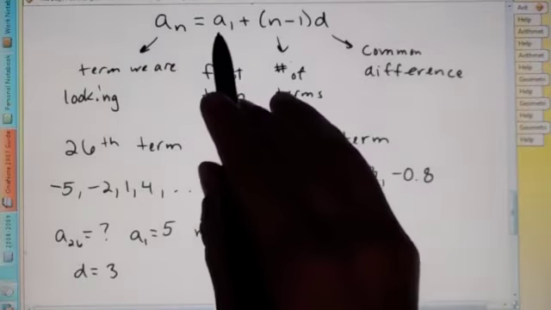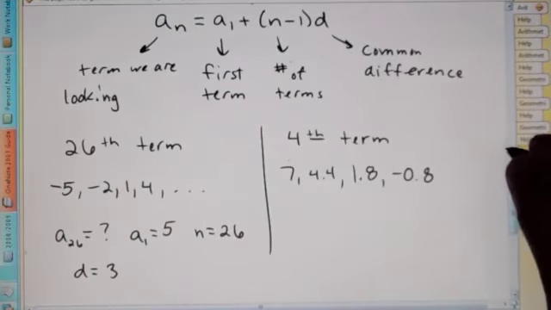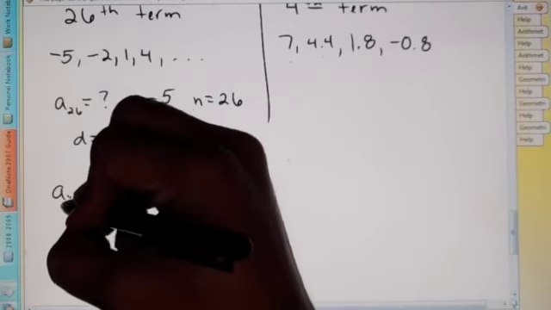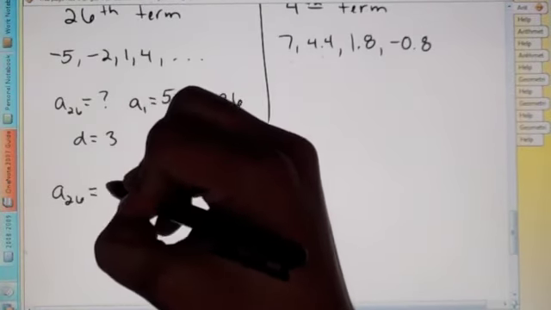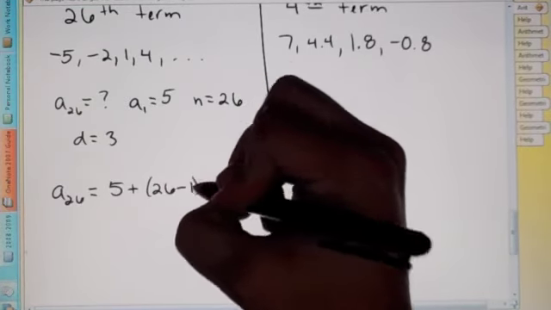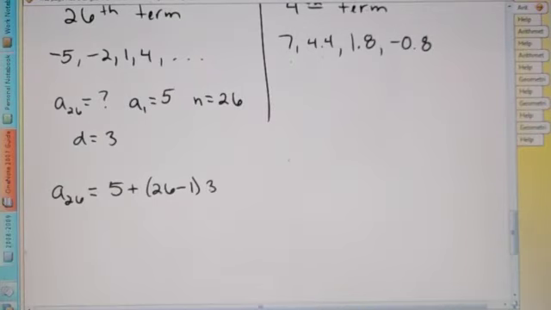So we can apply our formula here and just plug right into it. The 26th term, which we don't know, is equal to our first term plus n minus 1 times d.